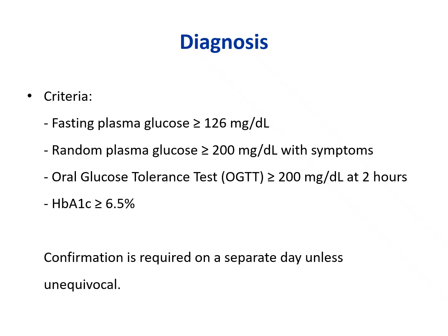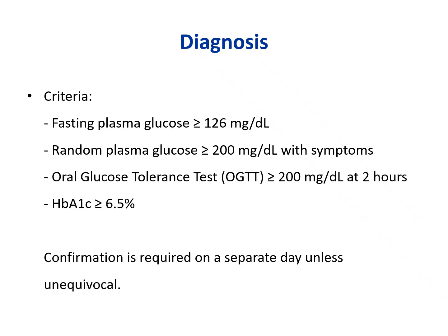If it is greater than or equal to 200 milligram per deciliter, with symptoms like thirst, weight gain or weight loss, polyuria, polydipsia, polyphagia, we call it diabetes mellitus. Another test we can do is the oral glucose tolerance test, or OGTT.